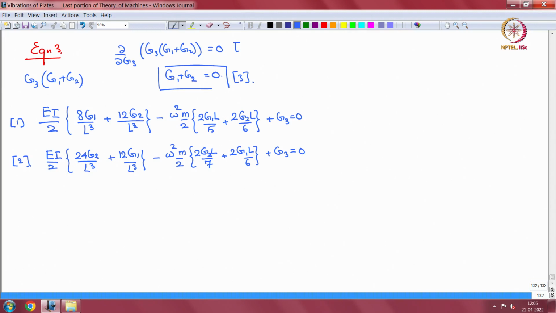Okay, so now we will put them in a matrix form. Let us see how it looks. We will deal with one with no omega square, one with omega square. Okay, so I have G1, G2 and G3.